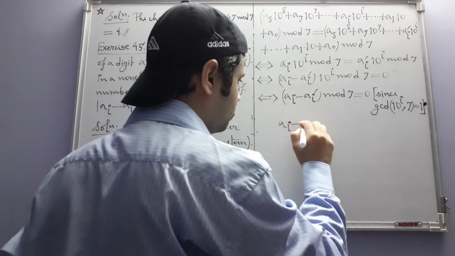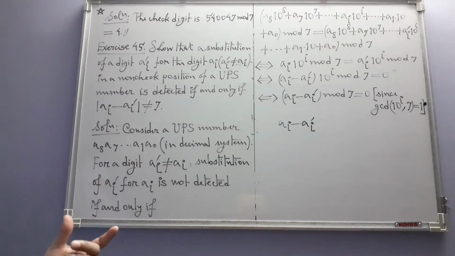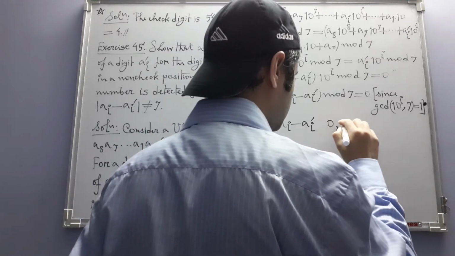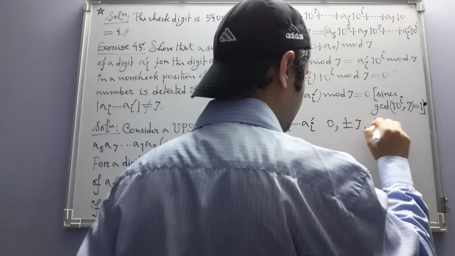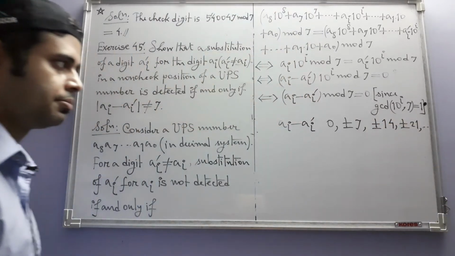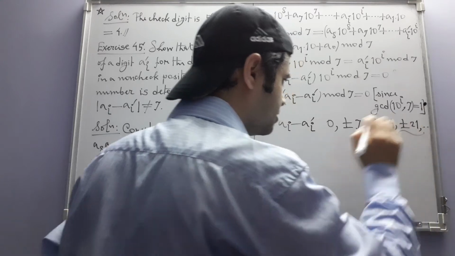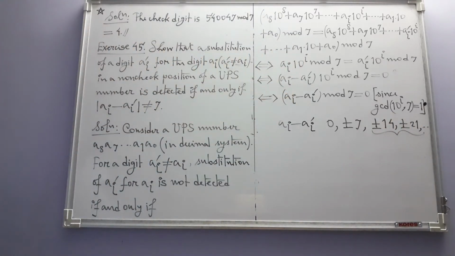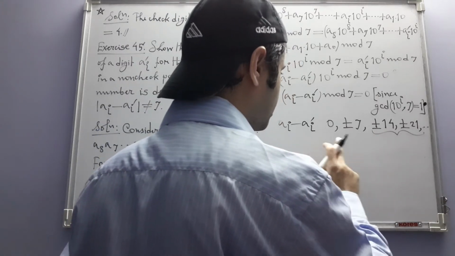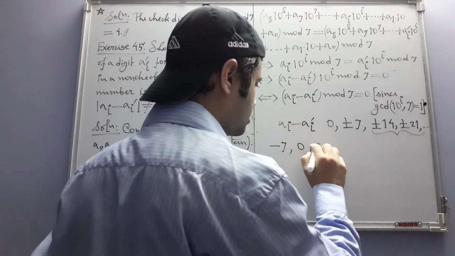What are the possible values of this difference? Since this difference is to be a multiple of 7, the possible values are plus minus 14, plus minus 21, etc. But since these are decimal digits, we will never have these values, no matter how hard you try. So the values are restricted to be either minus 7 or 0 or plus 7.